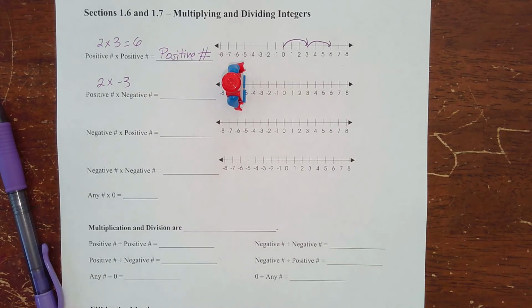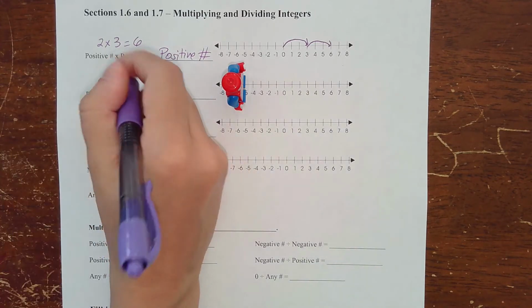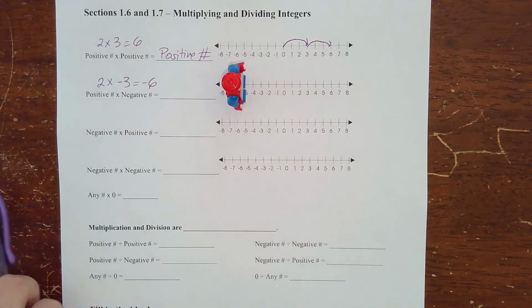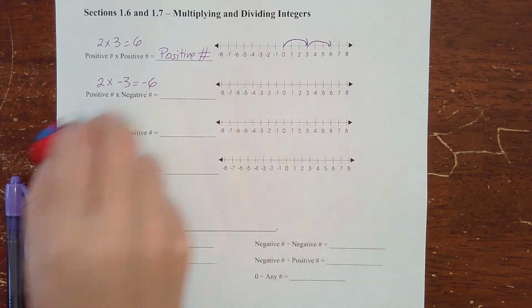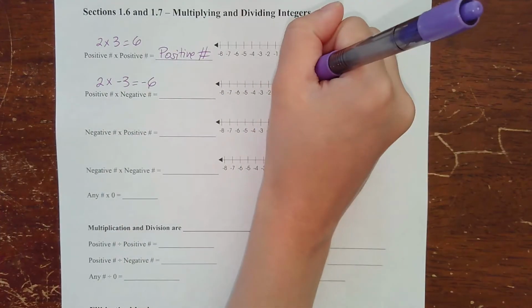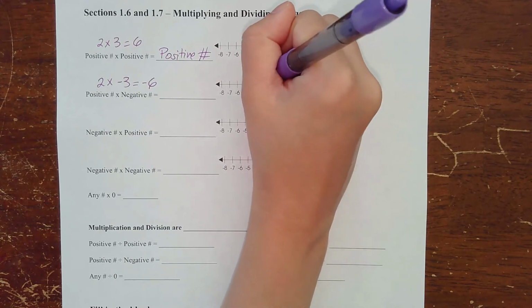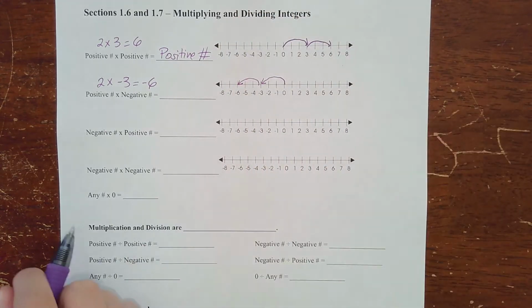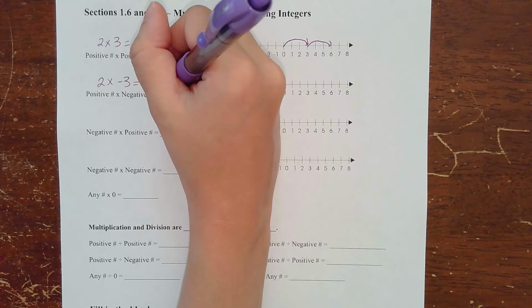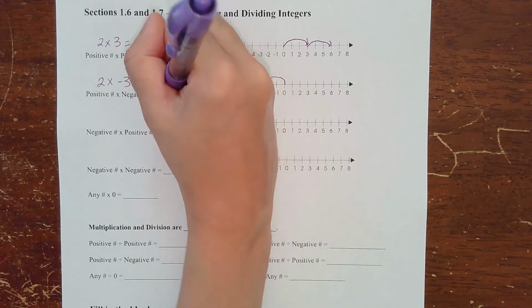And so he's going to land at negative 6 this time. So this time, he's facing the positive direction, but he's hopping backwards a couple of times. And so he ends up in the negatives. So a positive times a negative equals a negative number.